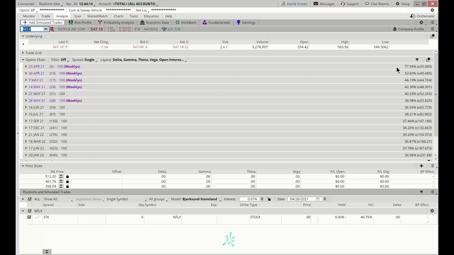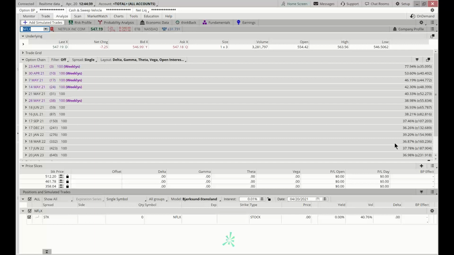And look at some of these other implied volatilities further out in time, 53, 46. What's going to happen to these numbers? 77, by the end of the day tomorrow, I predict will be less than 36, 37, okay? IV is going to crush.